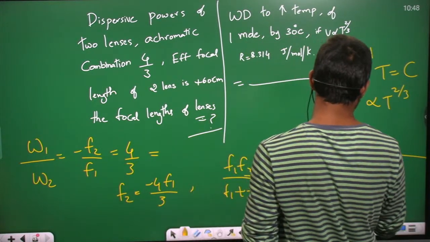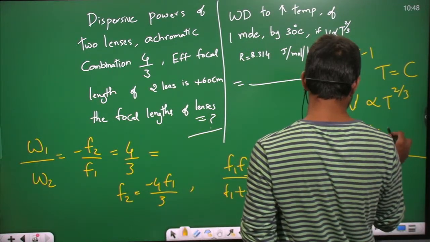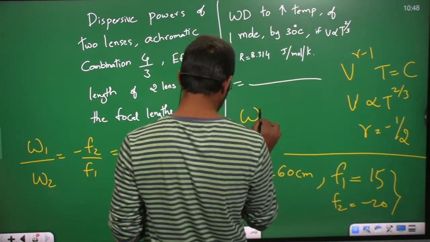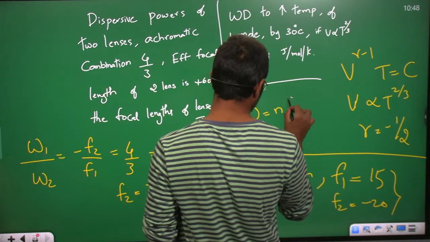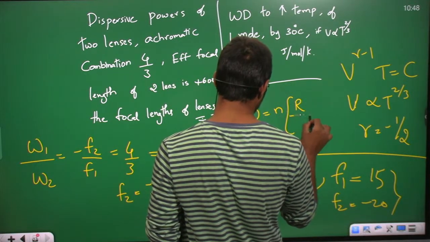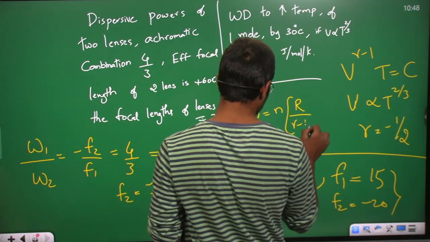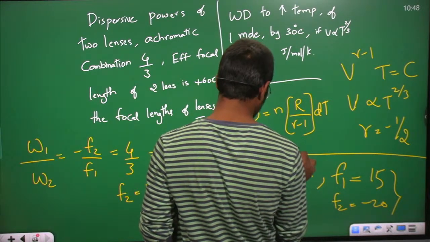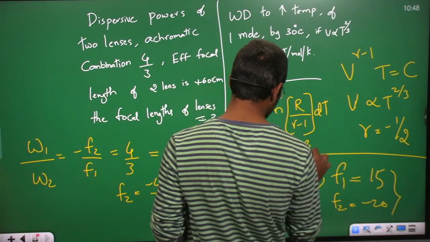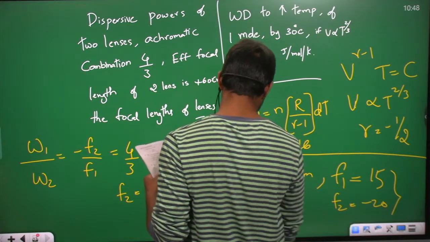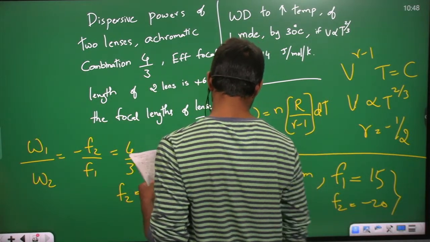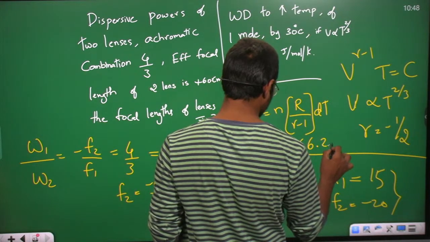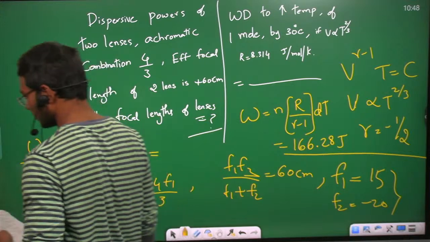So gamma is equal to minus half from this. So we have work done is equal to N into, see there are different ways you might have done it in different ways. So check dt, we will get something as 166.28, right? Hope you got it.